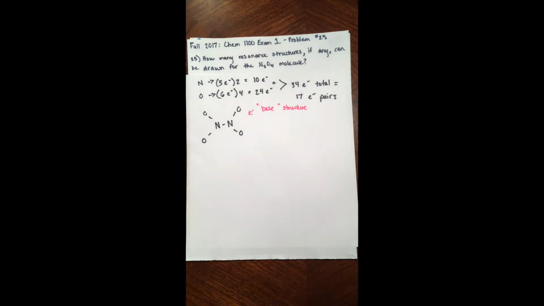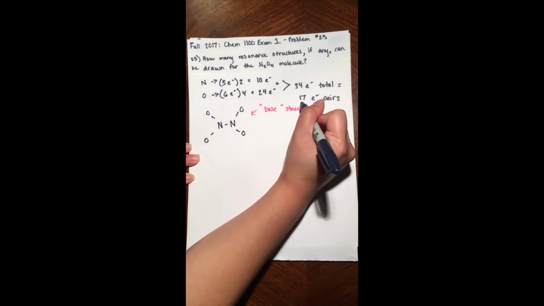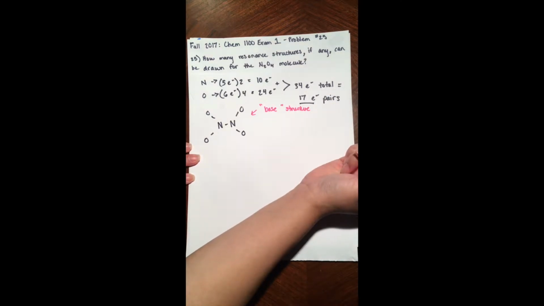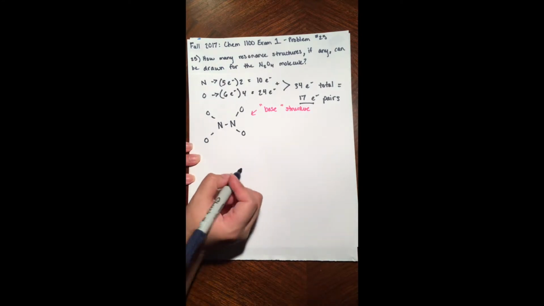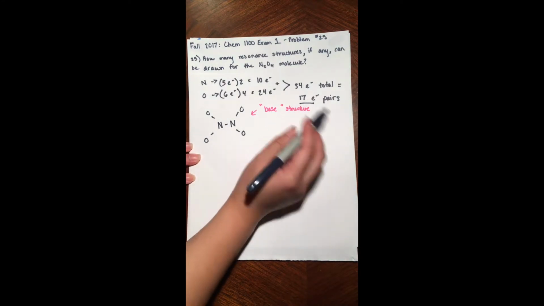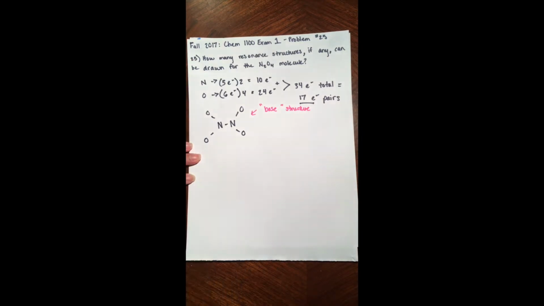So you have all the atoms and they're connected somehow by these bonds. So we said that we can use up to 17 electron pairs total, and we've used up 1, 2, 3, 4, 5 pairs to connect them all. So now we can distribute the rest of the pairs up to 17 to try to fill their octets.